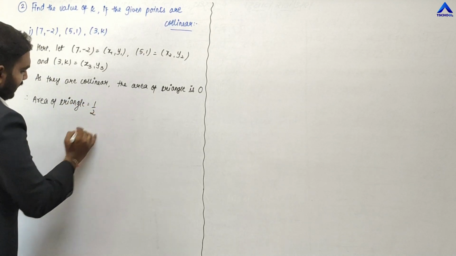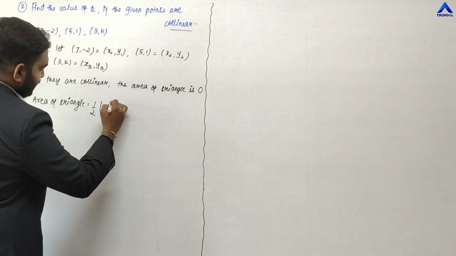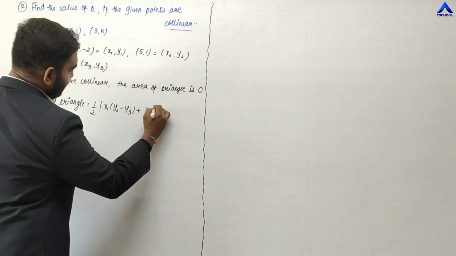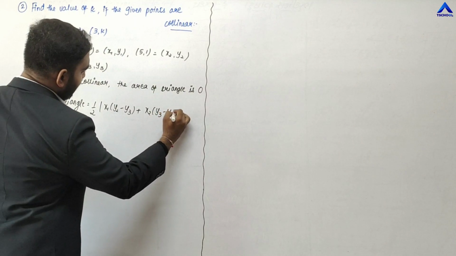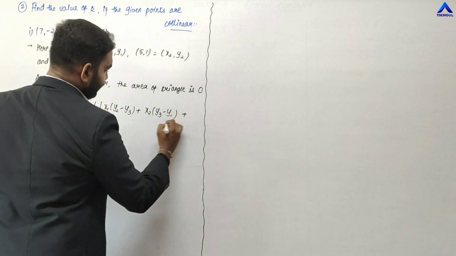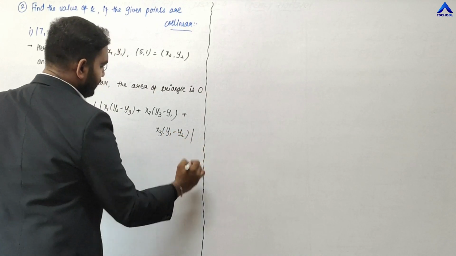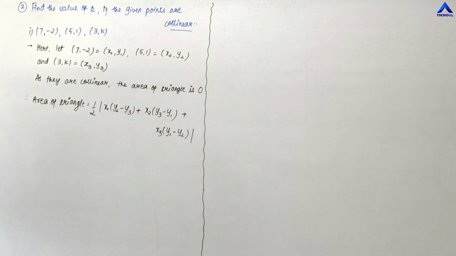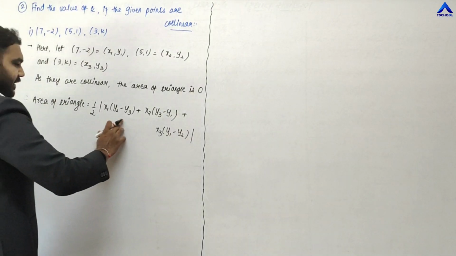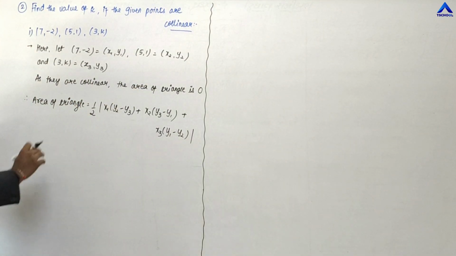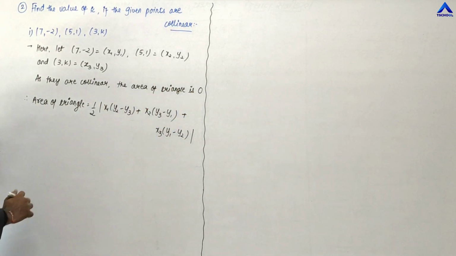Therefore, we know that area of triangle, that is half modulus x1 into y2 minus y3 plus x2 into y3 minus y1 plus x3 into y1 minus y2. Right? We are having x1 y1, x2 y2 and x3 y3. Let us simply put here, in place of area of triangle we shall put 0.